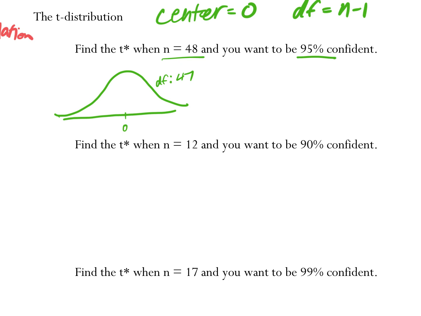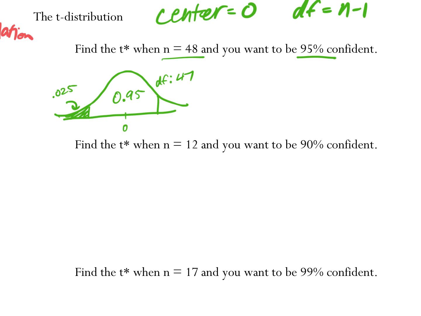And if I want to be 95% confident, that means my middle area will be 0.95. What does that make my tail? 0.025. Do you guys see that this reasoning is almost identical to what we were doing before?